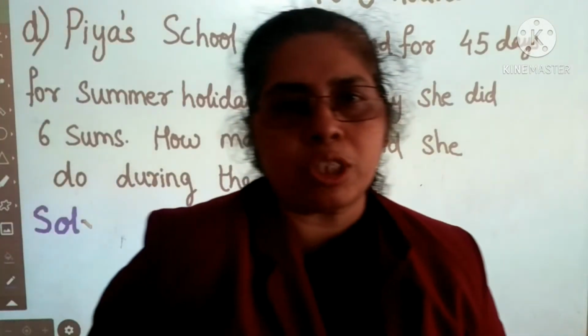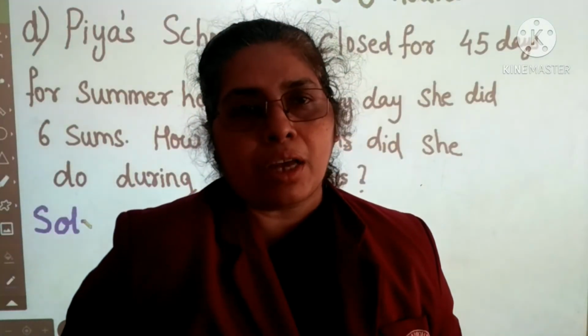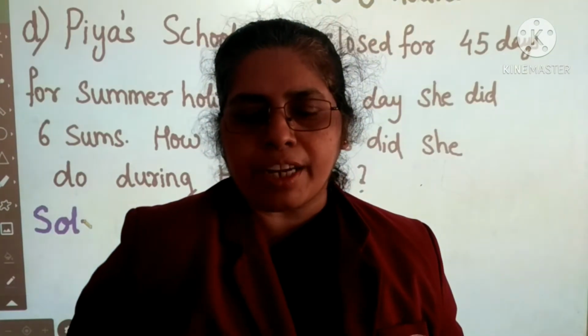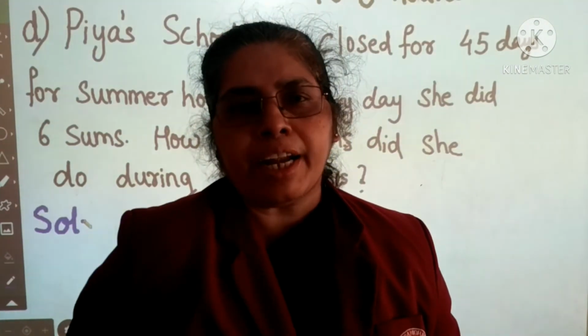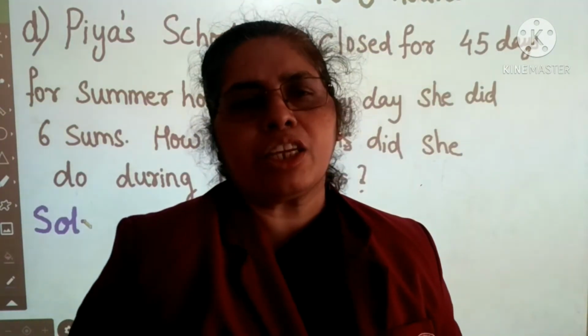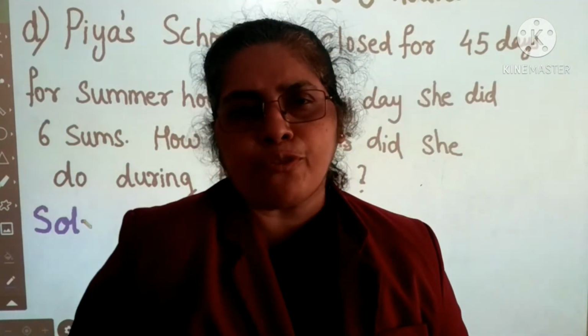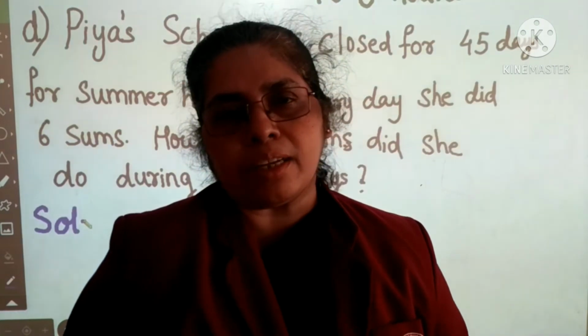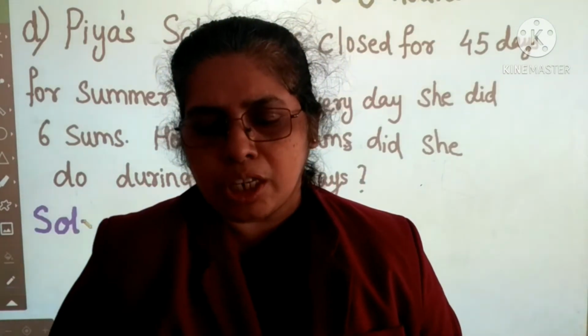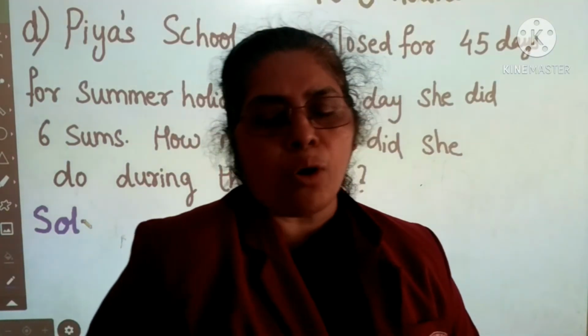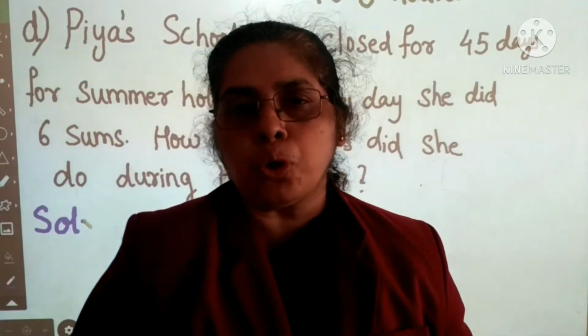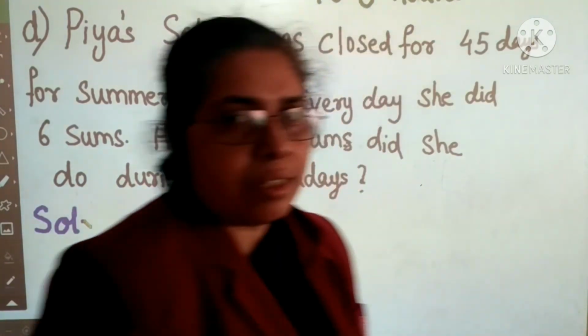Priya's school closed for 45 days during summer holiday. And daily, every day, she used to do 6 sums. And out of 45 days, how many sums did she do? That you have to find.